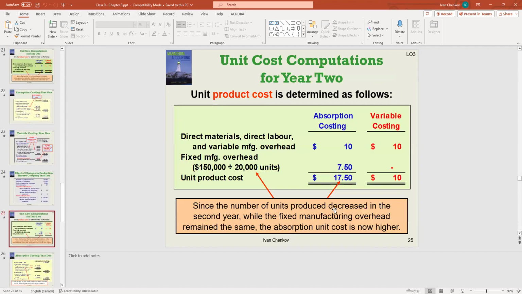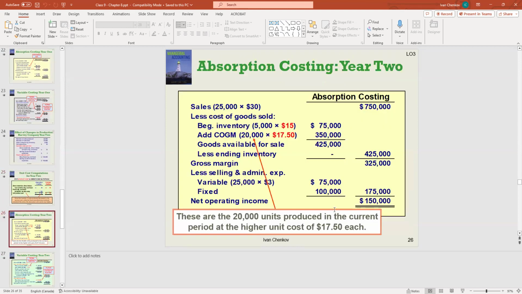So let's see now. In the absorption costing, we're going to have a more expensive product at $7.5. With variable costing, our cost will be exactly the same, $10, end of the story. Let's see how this is going to affect us on the income statement. Well, it's not going to affect us because whatever we're producing, we're selling.